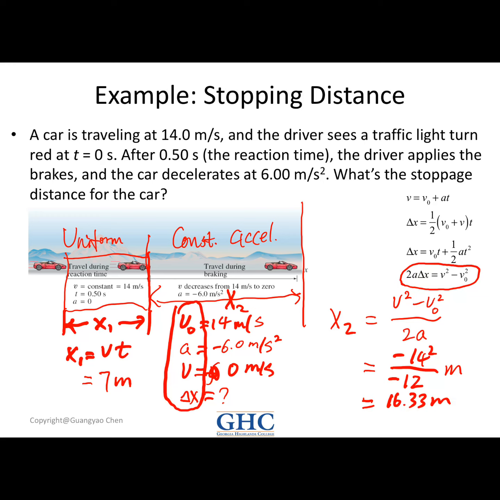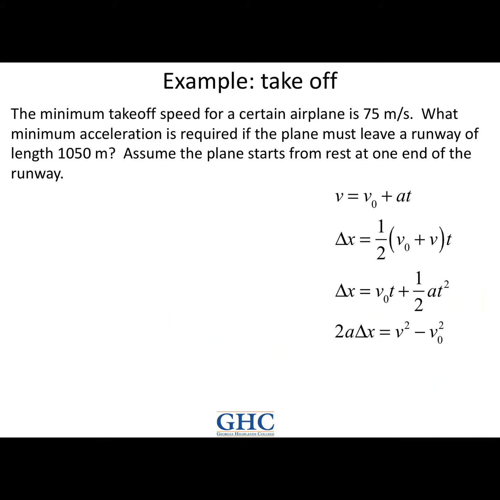So the total displacement from the instant the driver sees the red light to where the car stops, x, should simply equal x1 plus x2, which equals 23.33 meters.